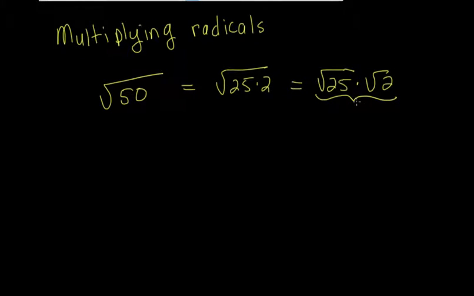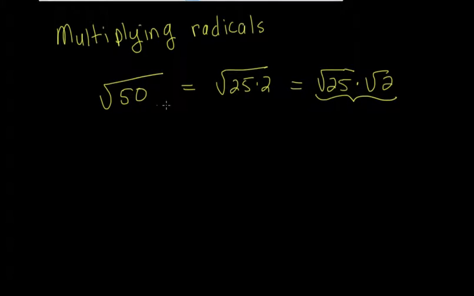and it doesn't help in simplifying to use this as an expression, but the point being is that when we were simplifying radicals, we got a couple of factors of the radicand, which is the term that's in the radical, and then wrote it as a product and then broke it apart.